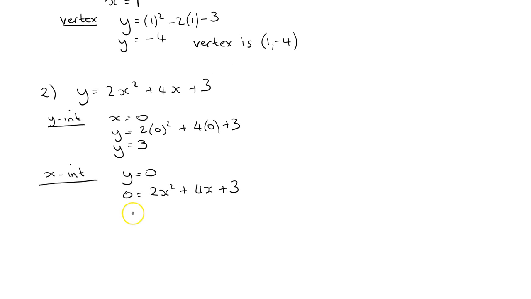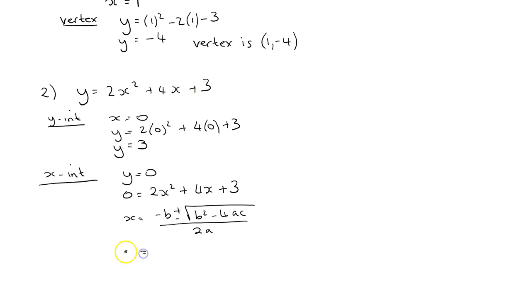So the quadratic formula, if you remember, is x is equal to minus b plus or minus the square root of b squared minus 4ac all divided by 2a. And our a, b and c are our coefficients for x squared, for x, and just the number at the end.